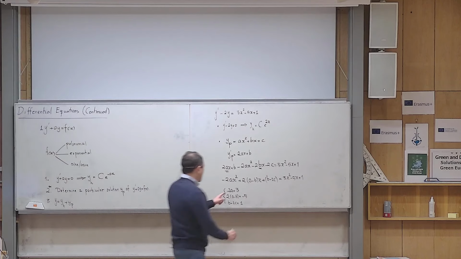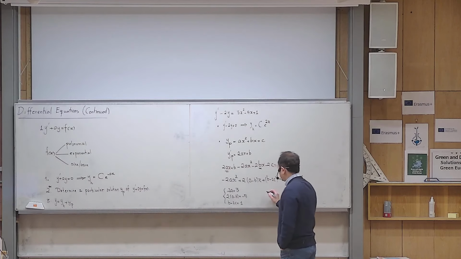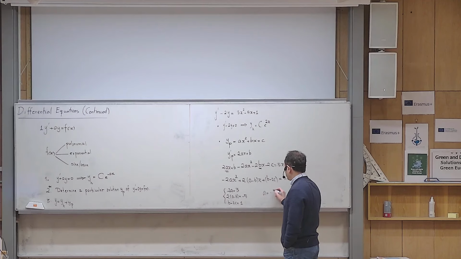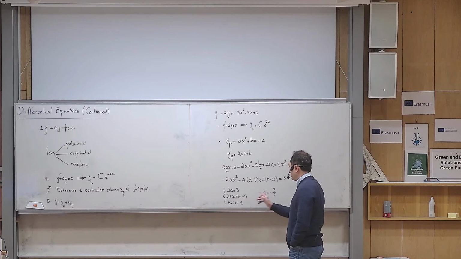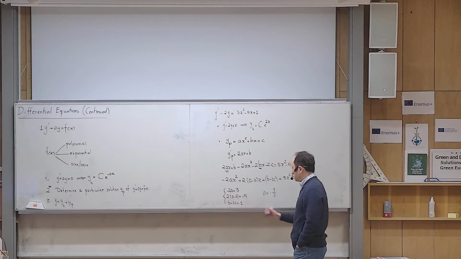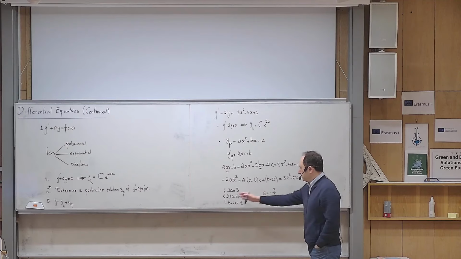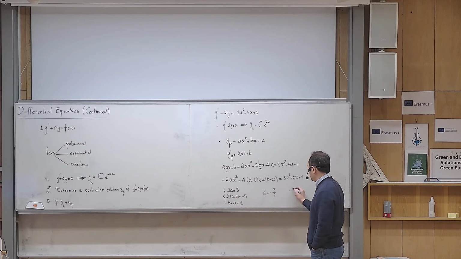So I calculate a from the first equation. A becomes minus 3 over 2. Then I put this number here, so let me divide everything by 2 and replace a with this number. So it becomes minus 3 over 2 minus b equals minus 5 over 2. So b becomes 1, yes?